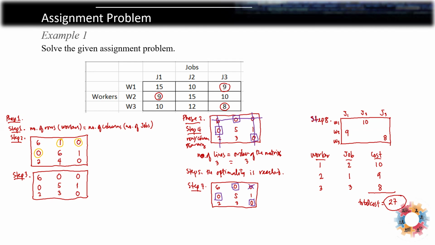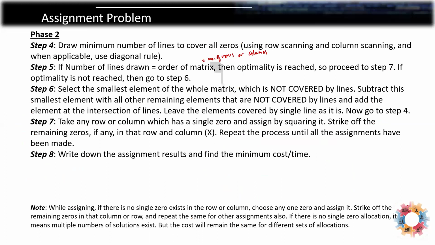Now, let's try another example. This time, hopefully our next example will not satisfy the optimality test right away, so that we can illustrate how to do step number 6. Okay.